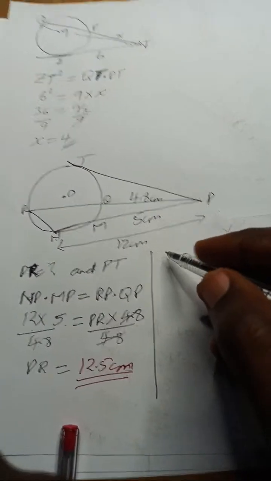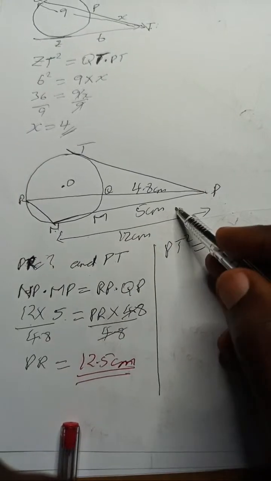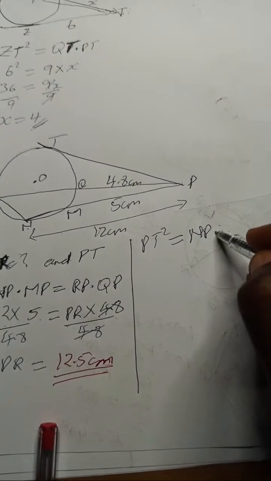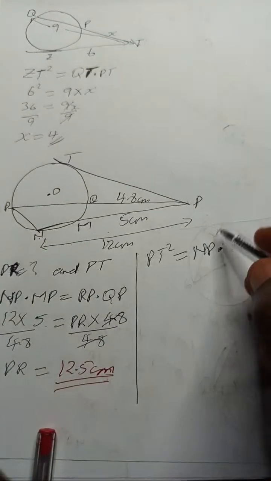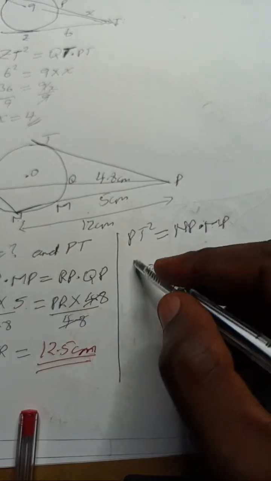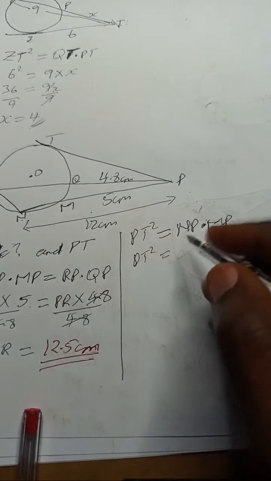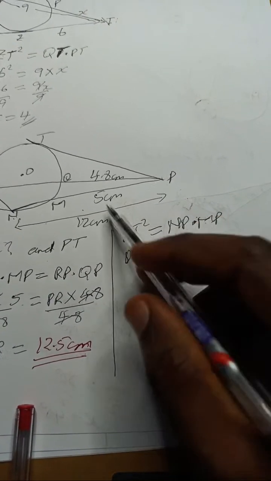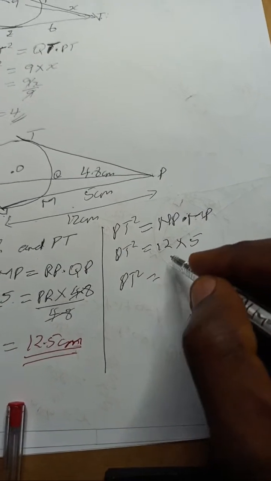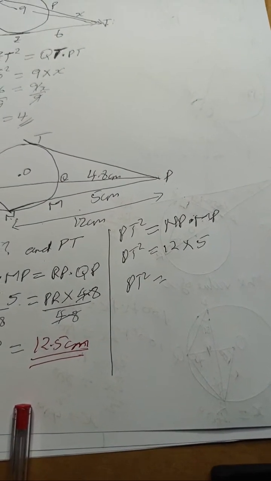So let's do that. Our PT squared will be equal to NP multiplied by MP. NP is 12 multiplied by MP, which is 5. So PT squared will be equal to 12 times 5, that should be 60.